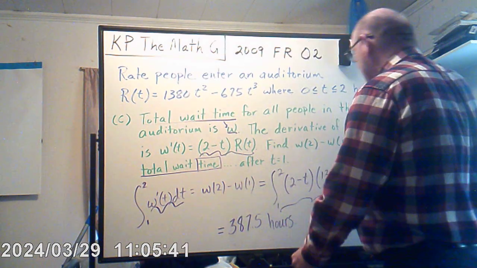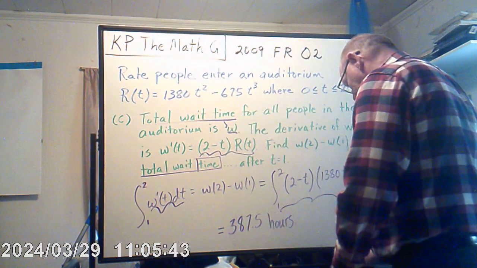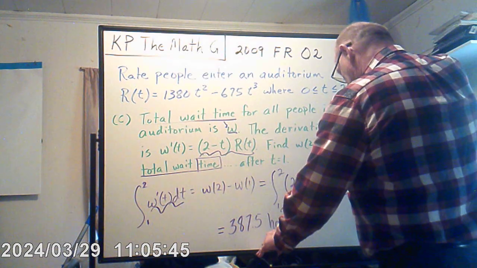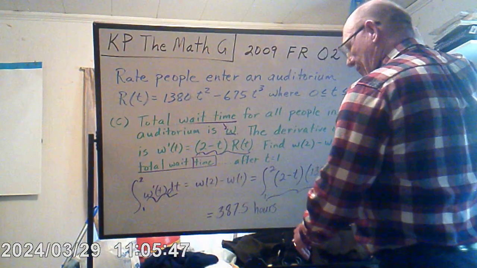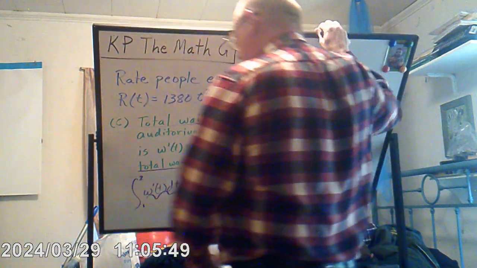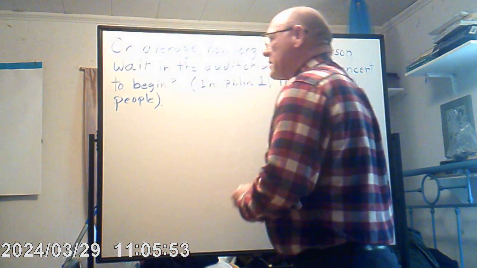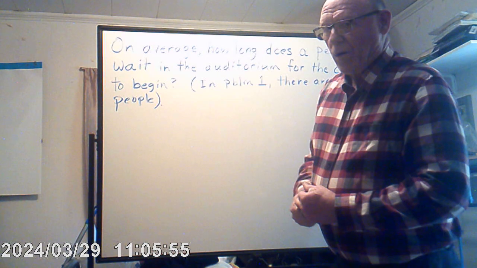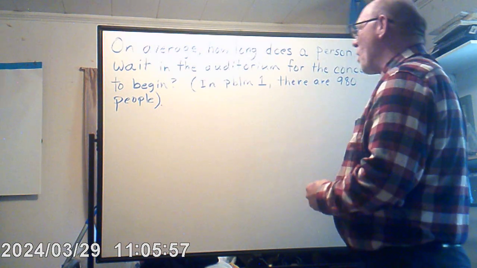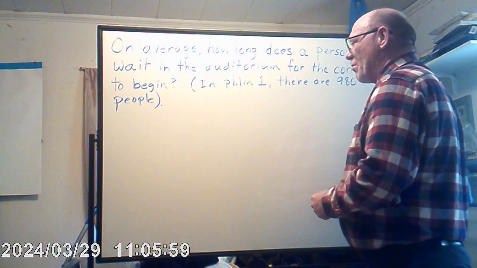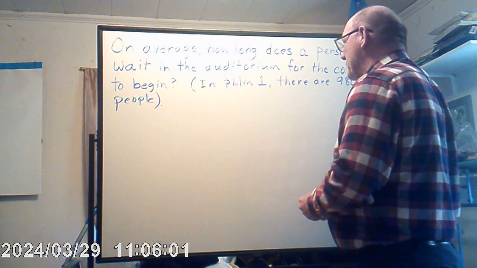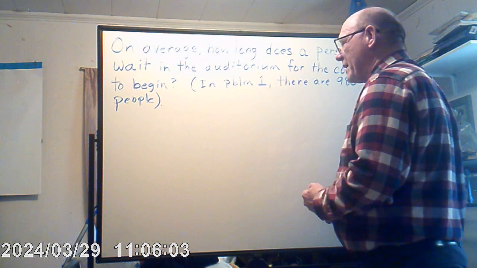Alright, let's look at this on the other side. Well, let me see if I can flip this over. This is actually part D. On average, how long does a person wait in the auditorium for the concert to begin?